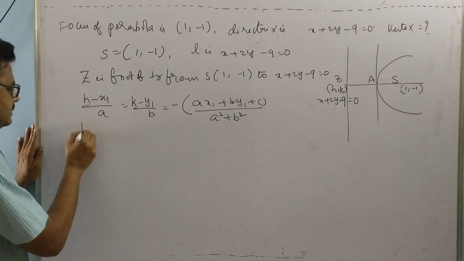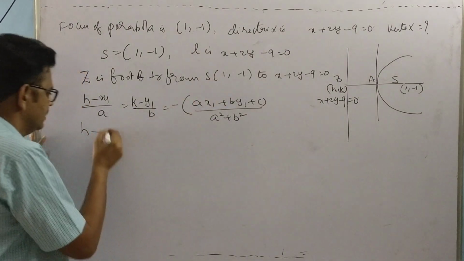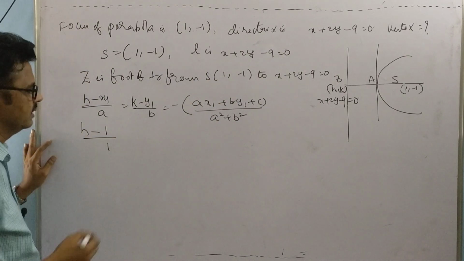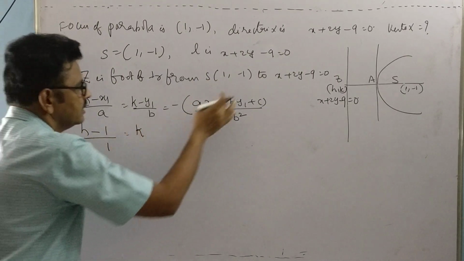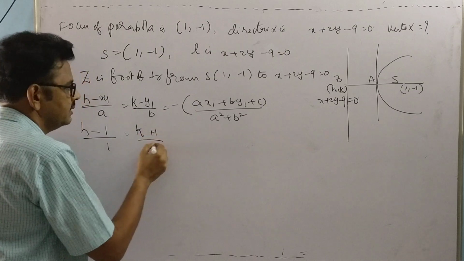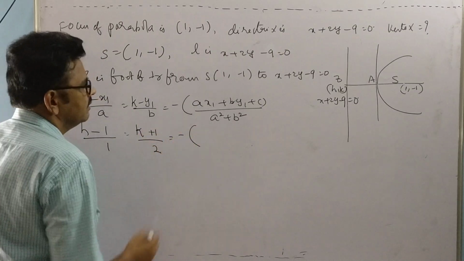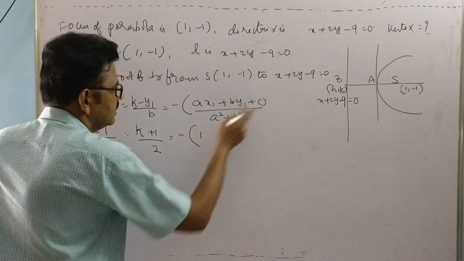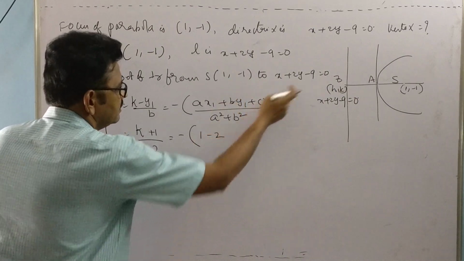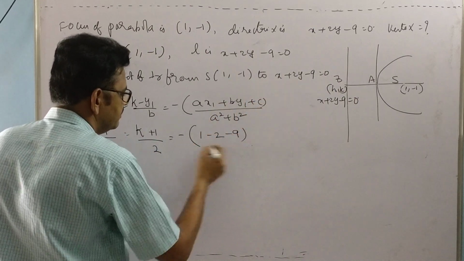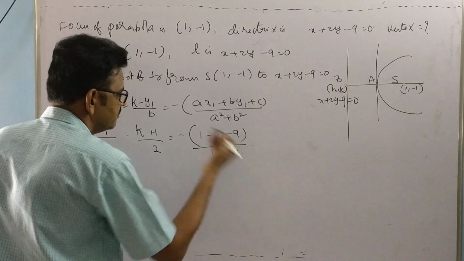That is h minus 1 by 1 equal to k plus 1 by 2 equal to minus of ax1 plus by1 plus c by a square plus b square.